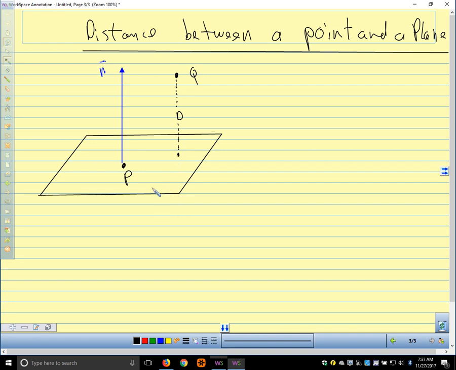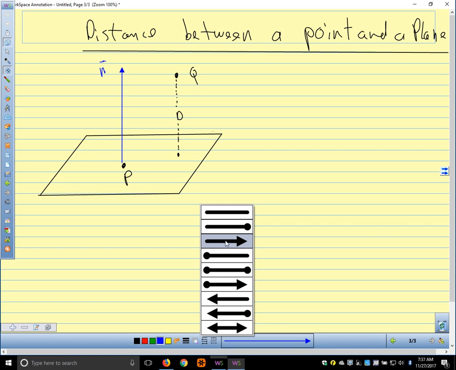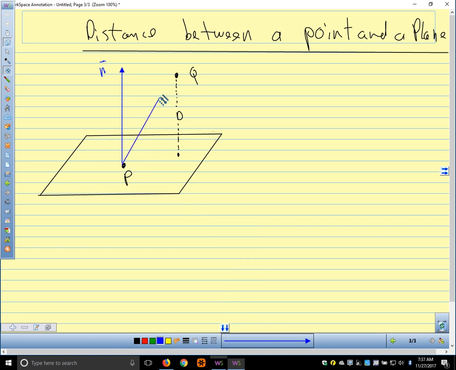So here's what we're going to do to find that distance. We're going to draw a vector PQ. Let me do that in a different color. So there's vector PQ, and I'm going to project this over here, like so, where that's a 90-degree angle.